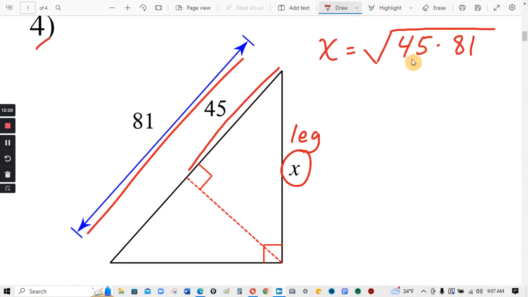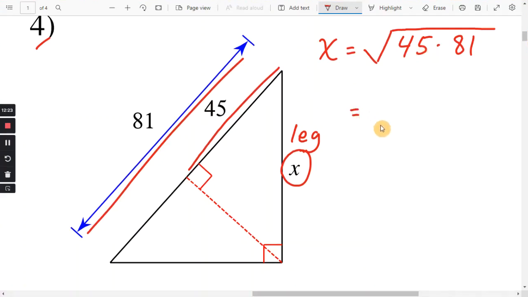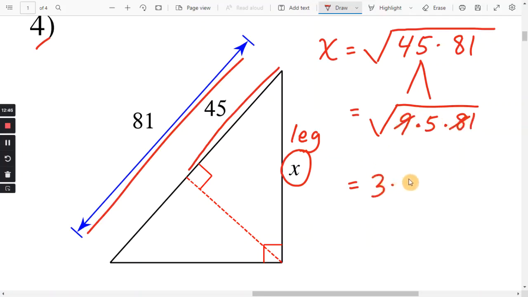Now you want to simplify the square root. So 45 is the same as 9 times 5. And 81 we can do the square root of easily, so I'll just leave it. But the 45 I broke up into 9 times 5. The square root of 9 is 3. The square root of 81 is 9. And we're left with the square root of 5. 3 times 9 is 27, and we're left with the square root of 5.